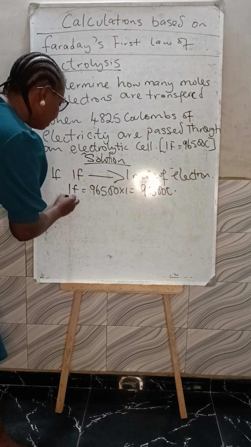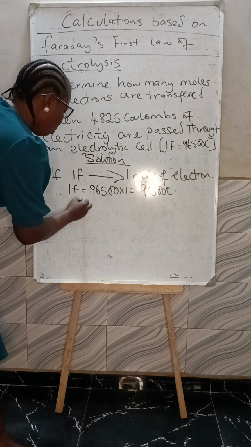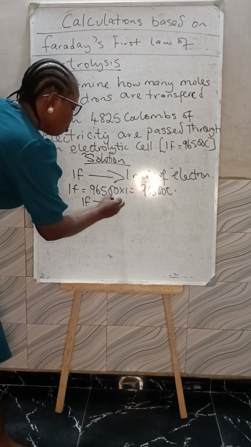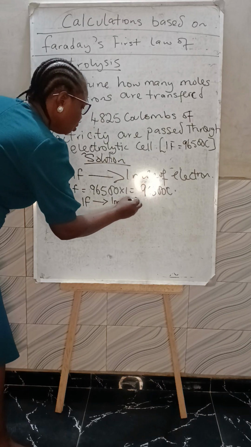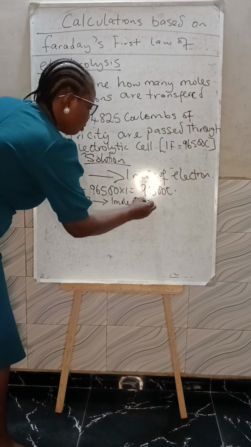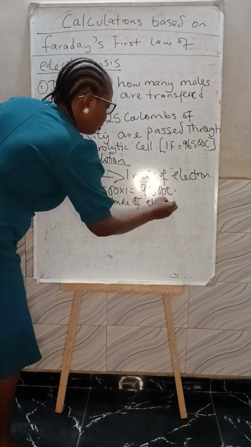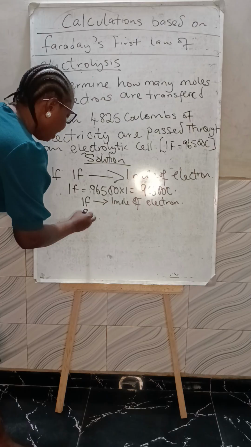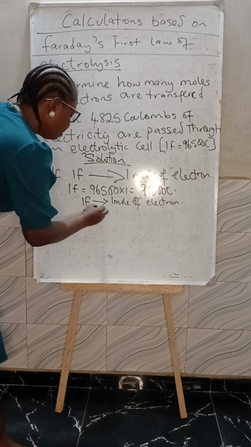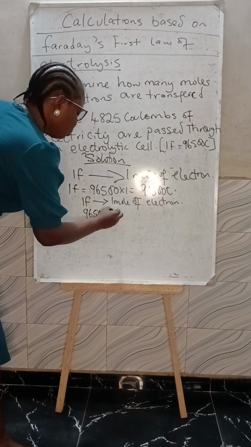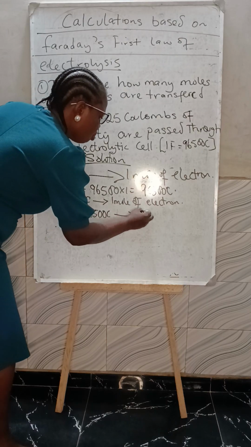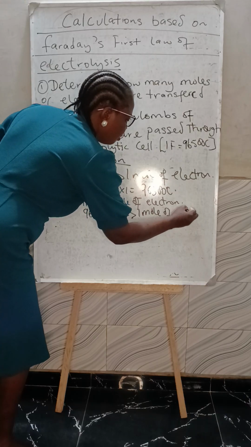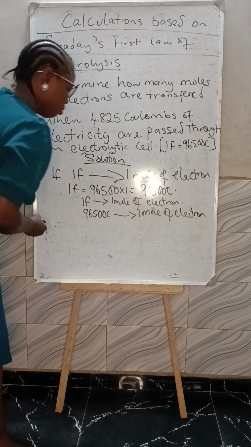Now we have it that 1 Faraday is equal to 1 mole of electrons. Then this becomes 96500 coulomb to give you 1 mole of electrons.